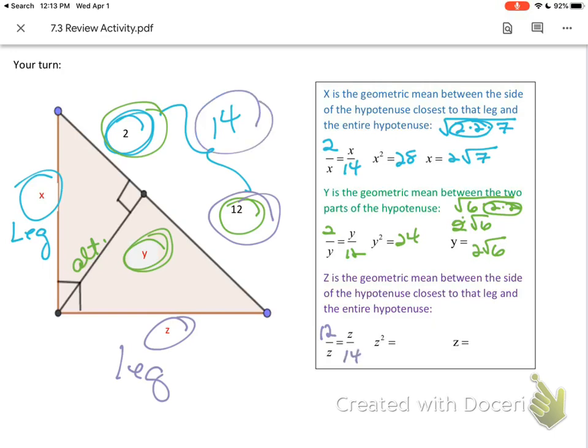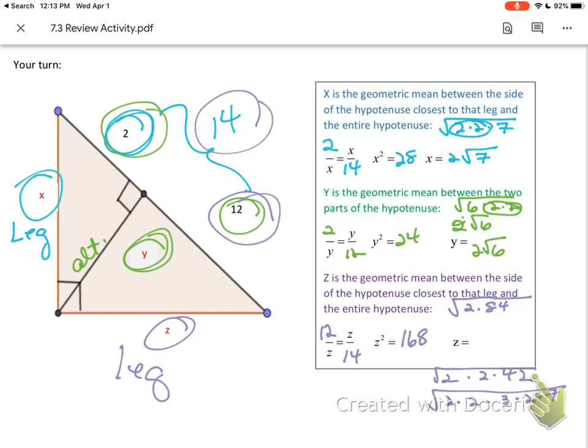12 times 14 gives me 168, and I broke that up into 2 times 84, and then I'll go down here. Then I had 2 times 42, and that gave me 2 times 2. 42 is 6 times 7, so that's 3 times 2 times 7.